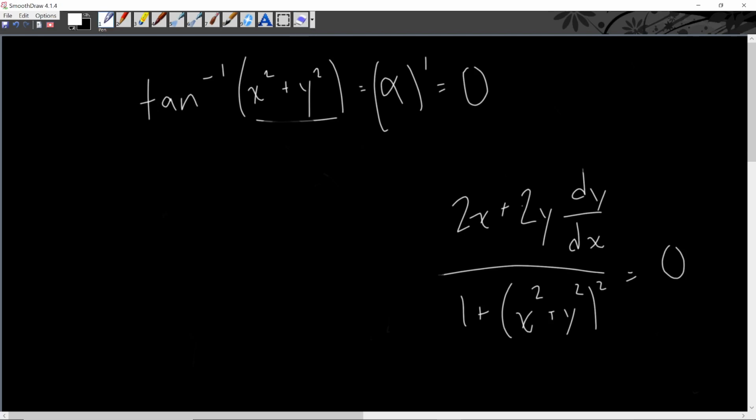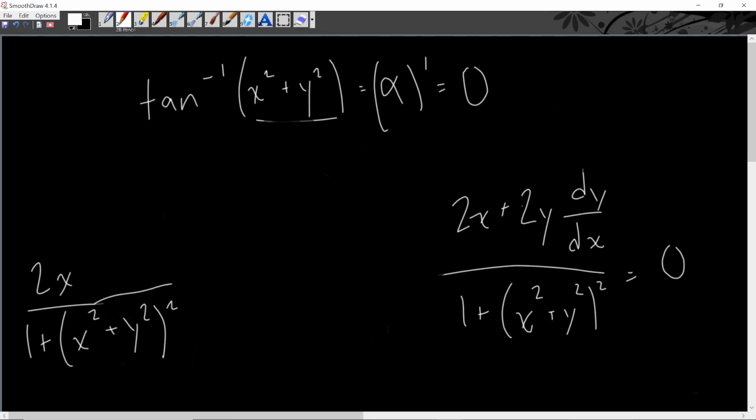We're going to split our fraction into two fractions. We're going to have 2x over 1 plus x squared plus y squared squared on one side. If I was going to do it that way, this would be a much longer video.